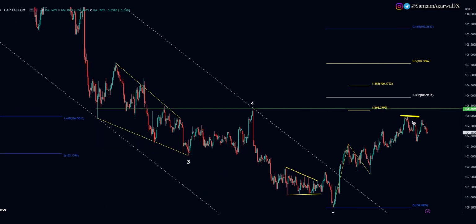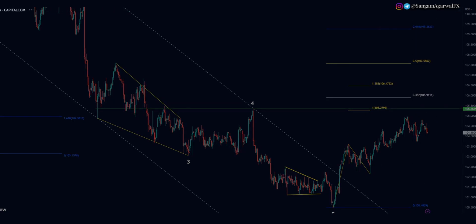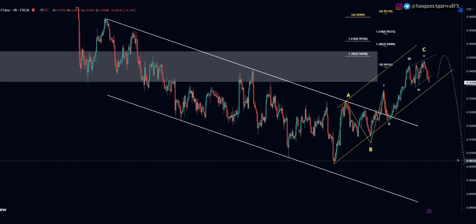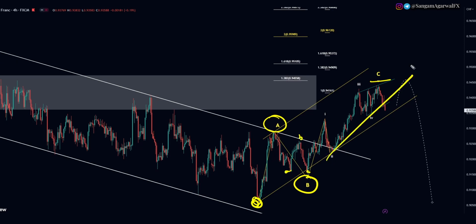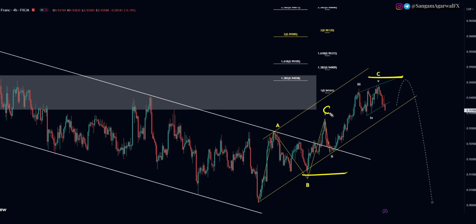And to get a clear signal whether this WXY wave is completed or not, if you see the USDCHF H4 time frame, and if you do wave counting from this bottom to top, then wave A, wave B, which can be an ABC zigzag correction, then impulsive wave C subdivided into 5 impulsive waves, and in the fourth wave this can be your ABC flat correction, and the fifth wave is already over.